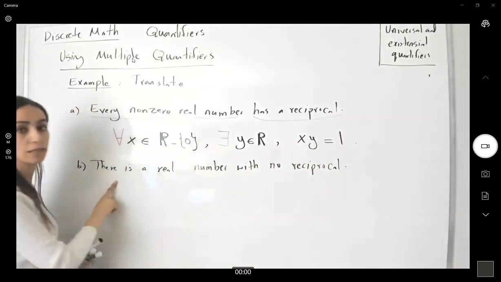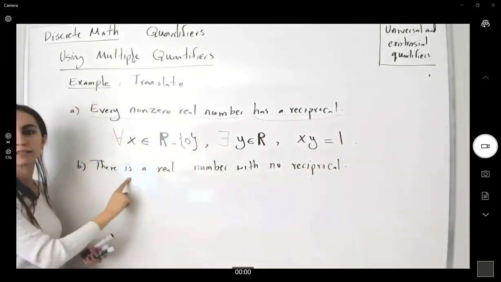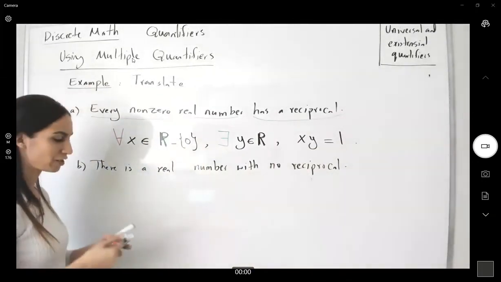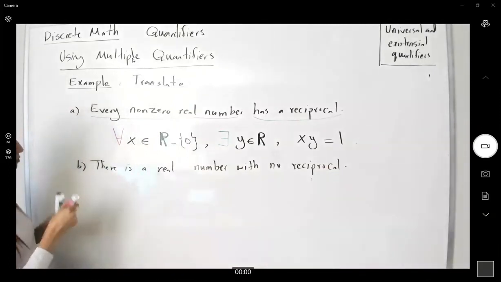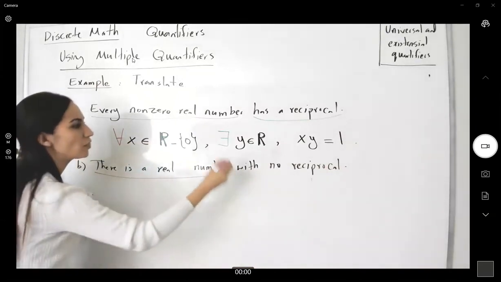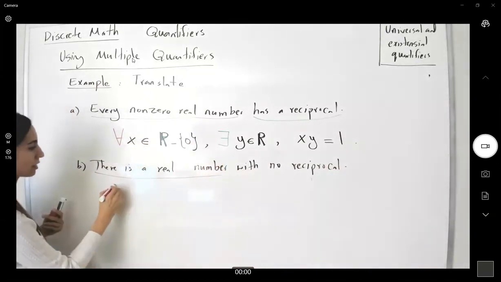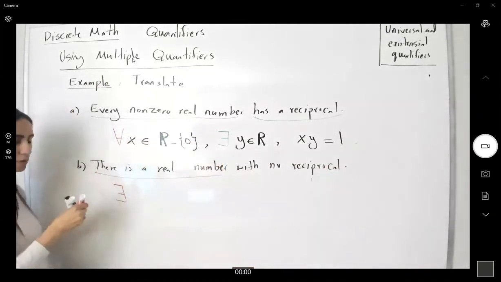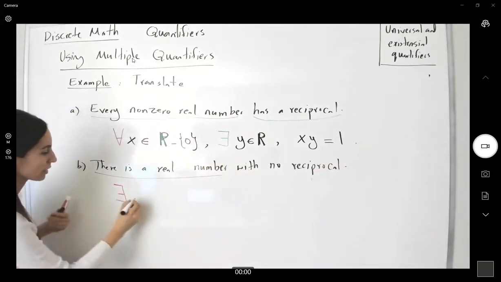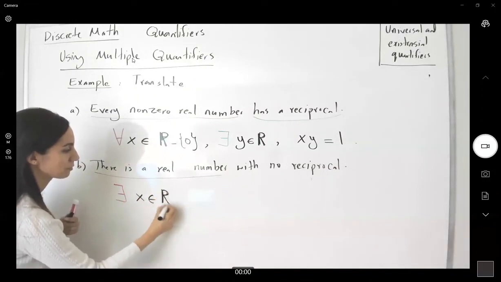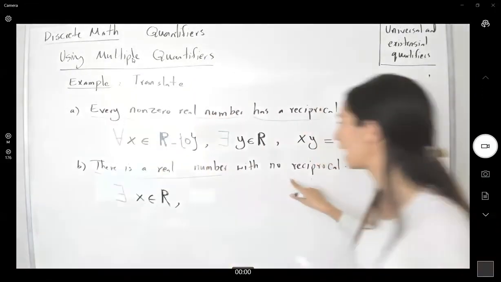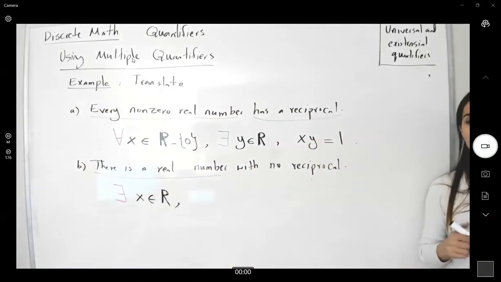How do you translate the second one? There is, so which comes first? Existential comes first. There is a real number, x, in R, such that it has no reciprocal.